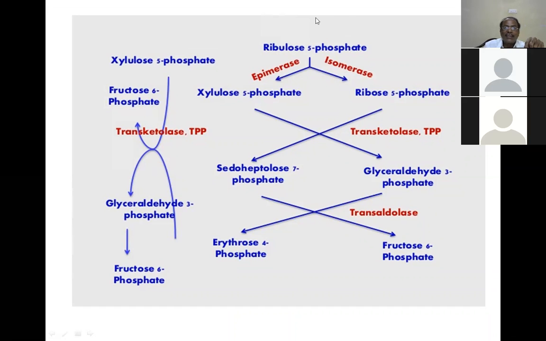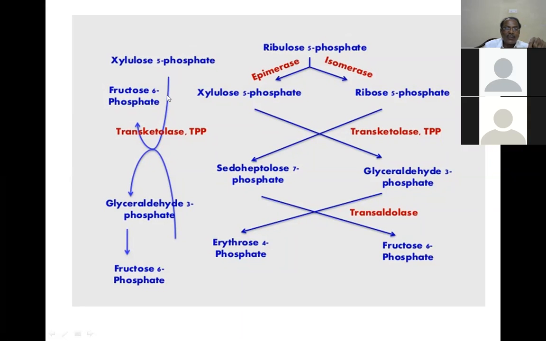So 3 molecules of ribulose 5-phosphate have come into the pathway. One molecule goes into the isomerase path, 2 molecules go into the epimerase path, and 2 molecules of xylulose. One xylulose has gone into this pathway, another xylulose 5-phosphate here.